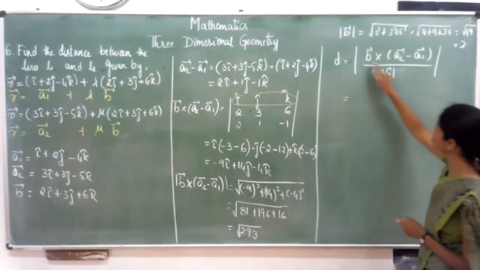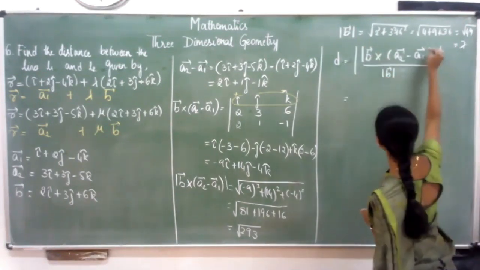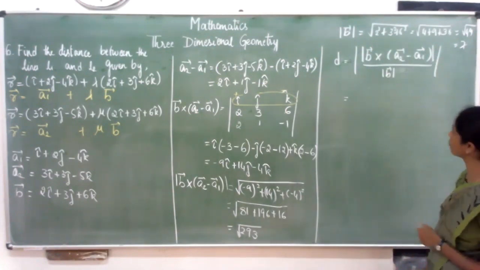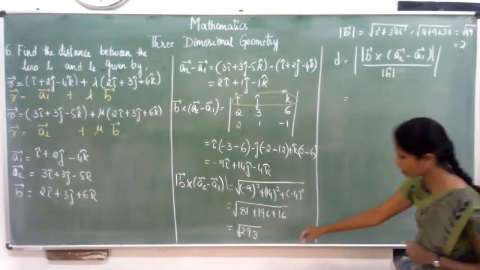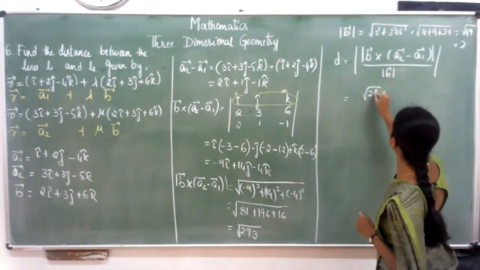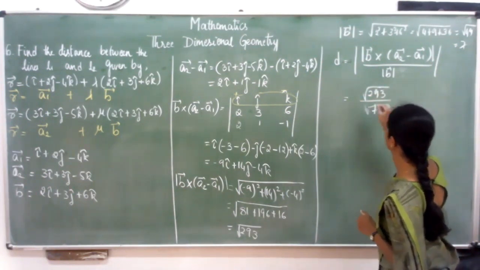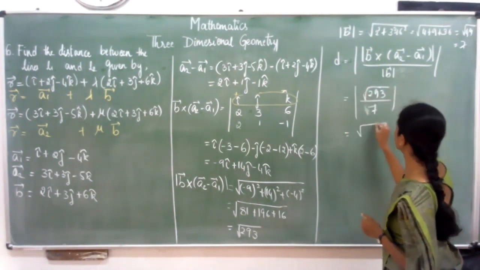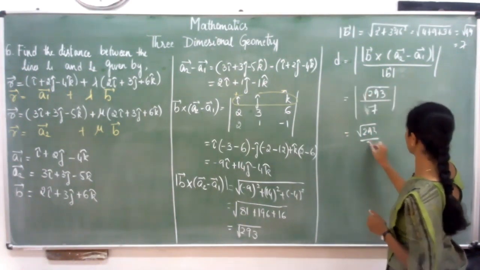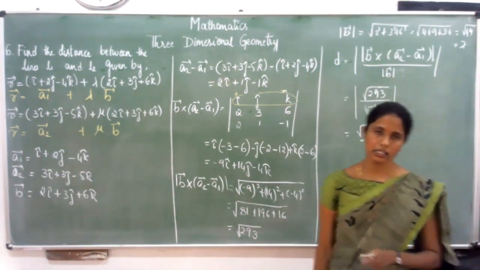Substituting this value, the distance is root 293 divided by 7. So this is nothing but the distance between the two given parallel lines.